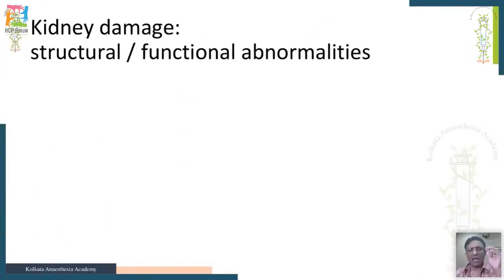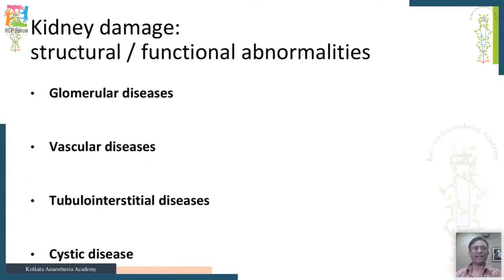And this one slide will try and tell you what the structural damages and the functional problems are that you have with the kidney. I find it easy if I break it down into the anatomical parts and then the changes. Is it a glomerular disease? Is it a vascular disease? Is it a tubulointerstitial disease, or is it a cystic disease?